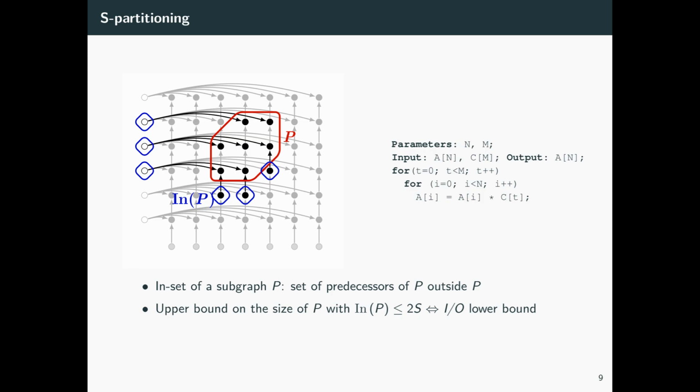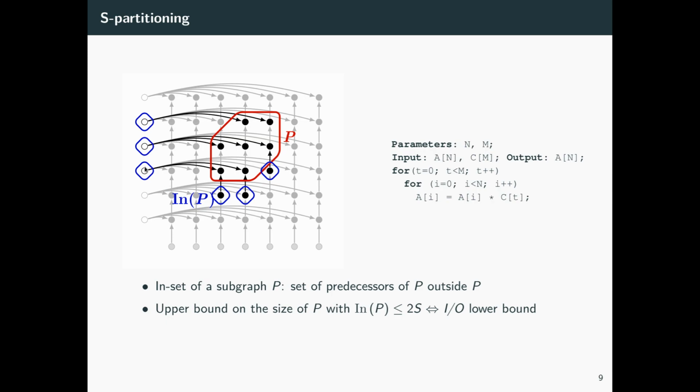On a very high level, the idea is to find an upper bound on the size of a subset of the graph that can be computed using some fixed number of loads. And if we can find that, then by bounding the number of such sets, we will find a lower bound on I/O.